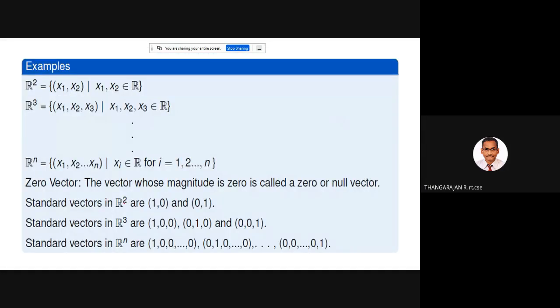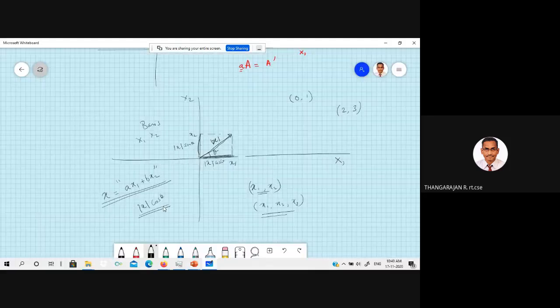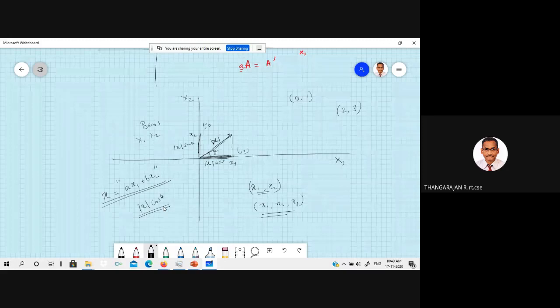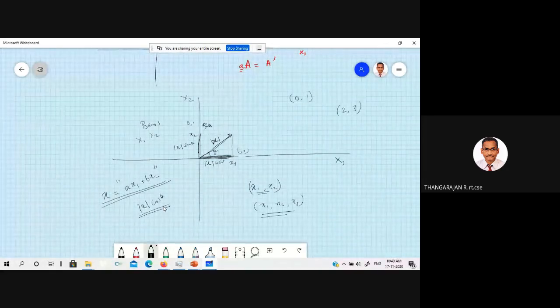So standard vectors are in two dimensions, three dimensions. These are the axes. In two dimensions, this axis is 1, 0, and this axis is 0, 1. These are the two axes.